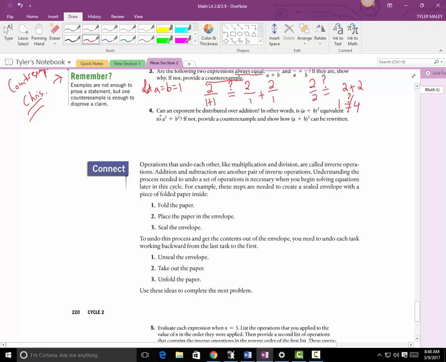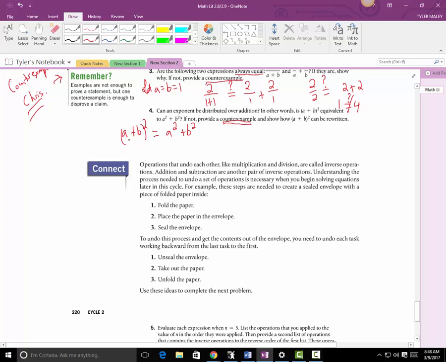So then number 4, we're doing something similar. We're trying to see if I have a plus b squared, does this equal a squared plus b squared? There are certainly other ways to prove this, but one thing that we can do is use a counterexample, like we were asked.